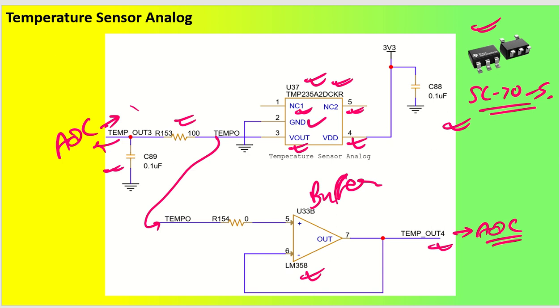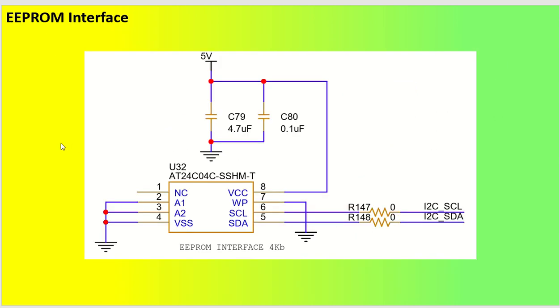Good. Let us move to the next application, which I am going to utilize, the EEPROM. EEPROM is mostly used through I2C communication. So I have taken one I2C interface based EEPROM from Microchip Technology, which is 24AA04C.